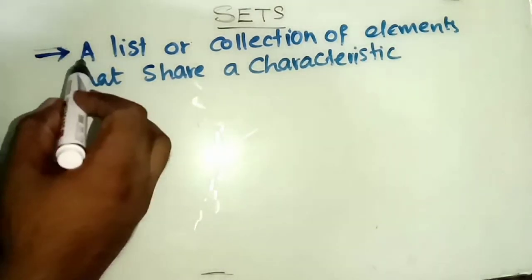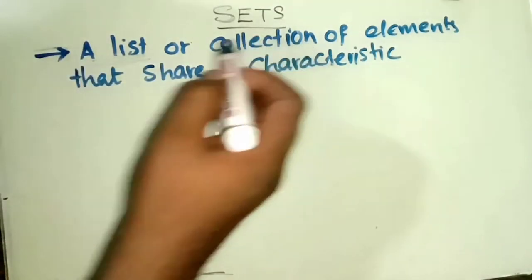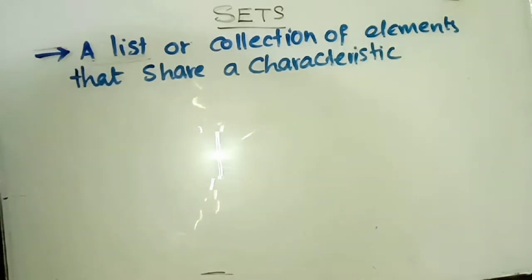A set is a list or collection or group of elements, which stands for objects, that share a characteristic. It means we are collecting a group of objects which have a particular characteristic, a particular order. Such a group or collection or list is named a set.